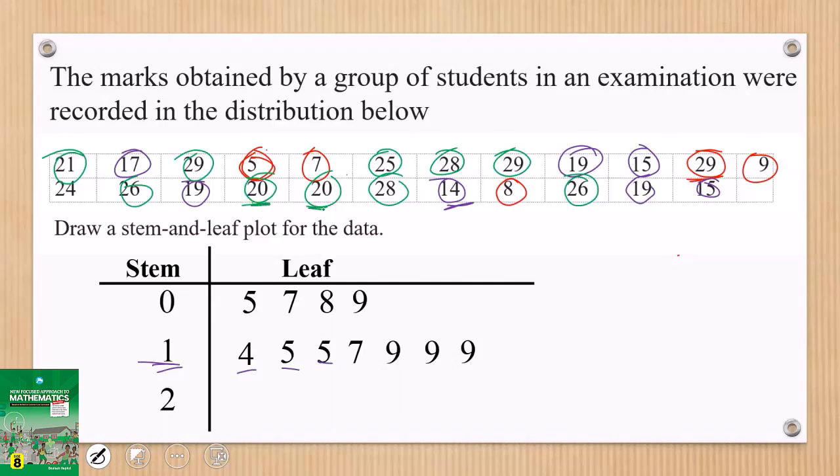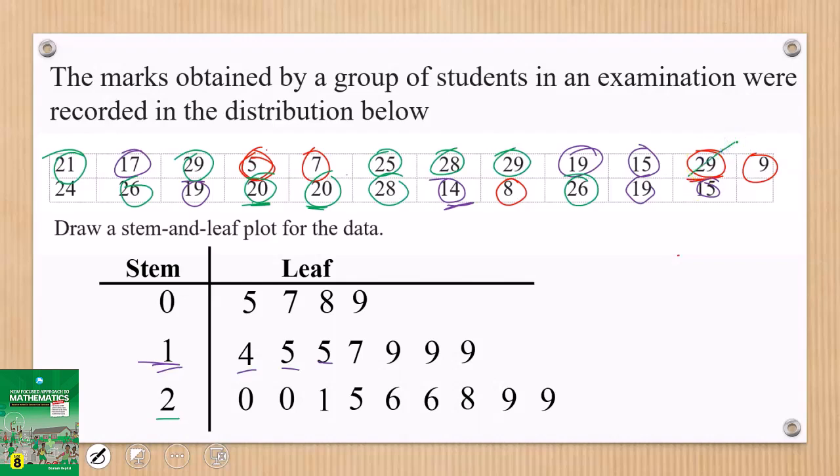And so since the stem is 2, then we're going to have 0, 0 for the 2 numbers, followed by 21, so 1, then followed by 25, so we have 5, then we have 26, then we have 6 again, we have 8, we have 9, and then we have 9 again. I think 29 comes twice.